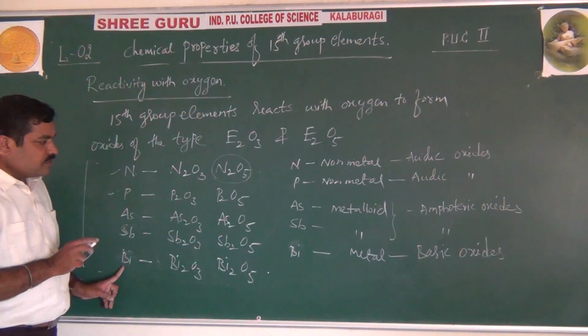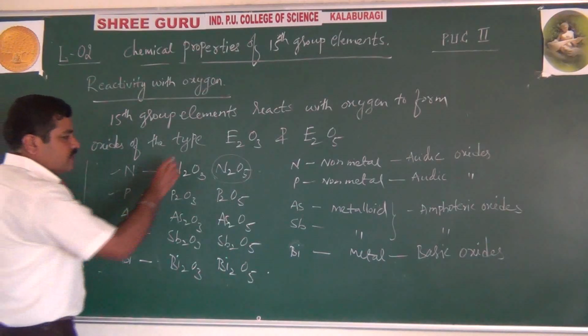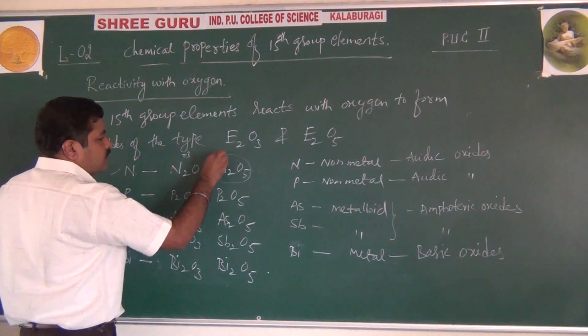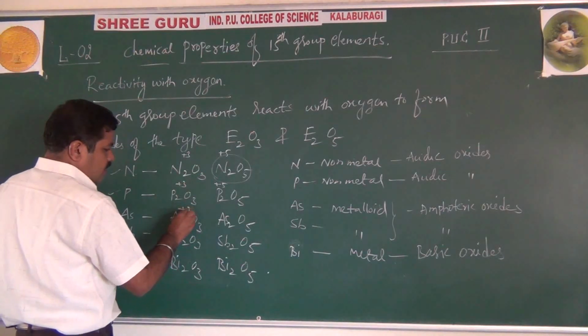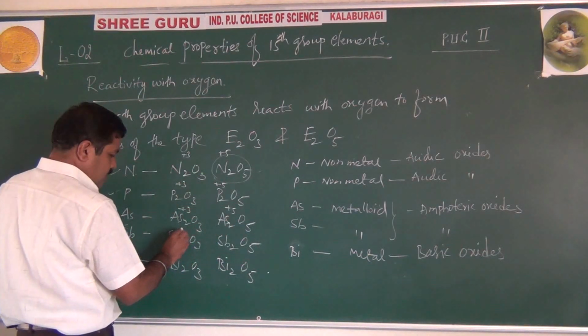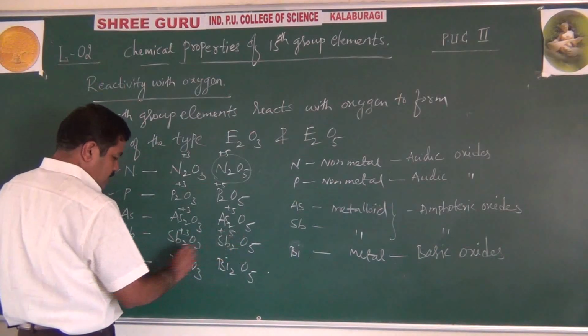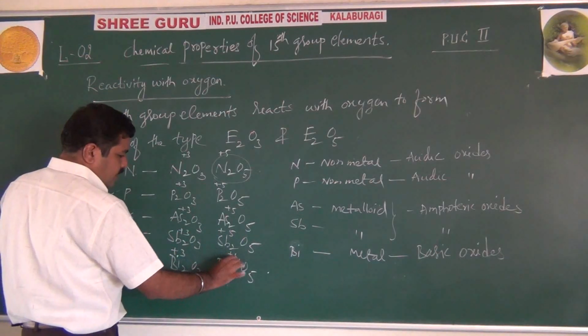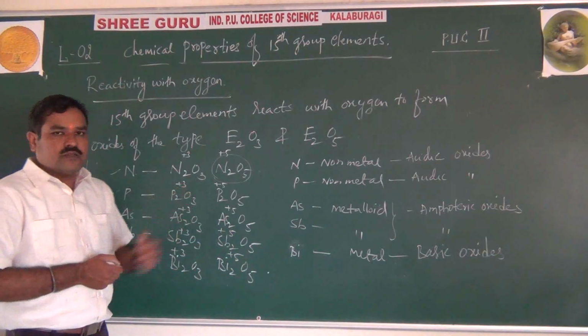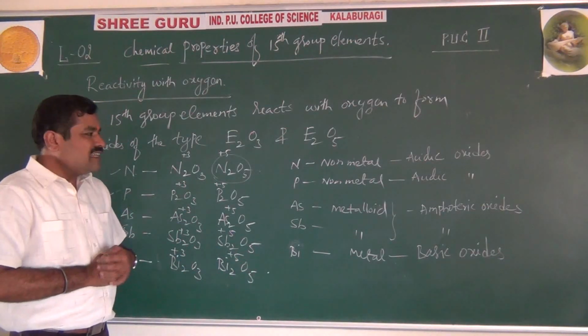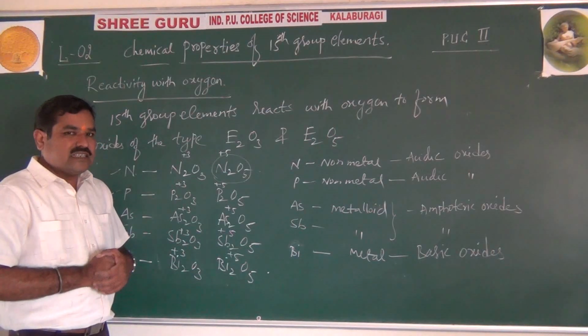Okay. And remember, here plus 3 oxidation state, central metal atom here plus 1. Here plus 3, here plus 1. Why I am telling this fact means as the oxidation number increases, acidic character of oxide increases.